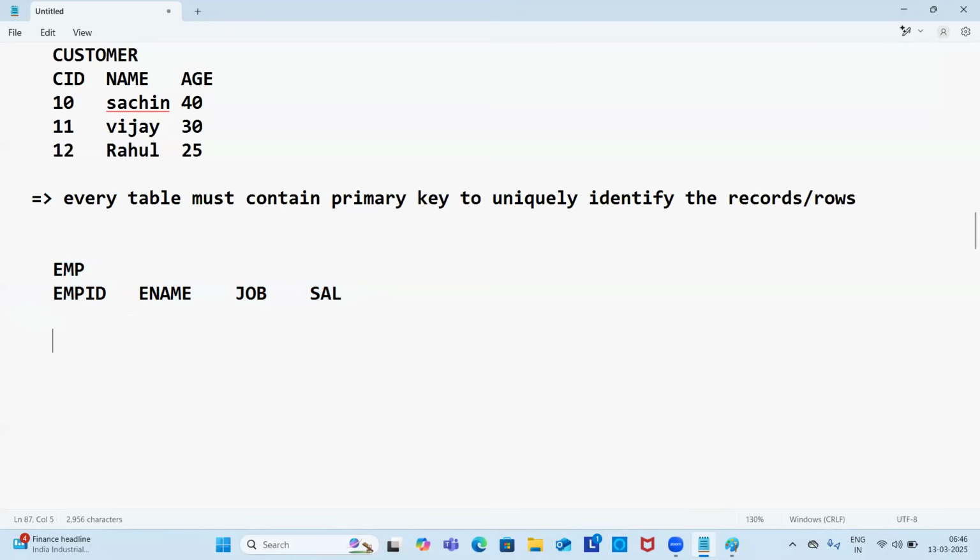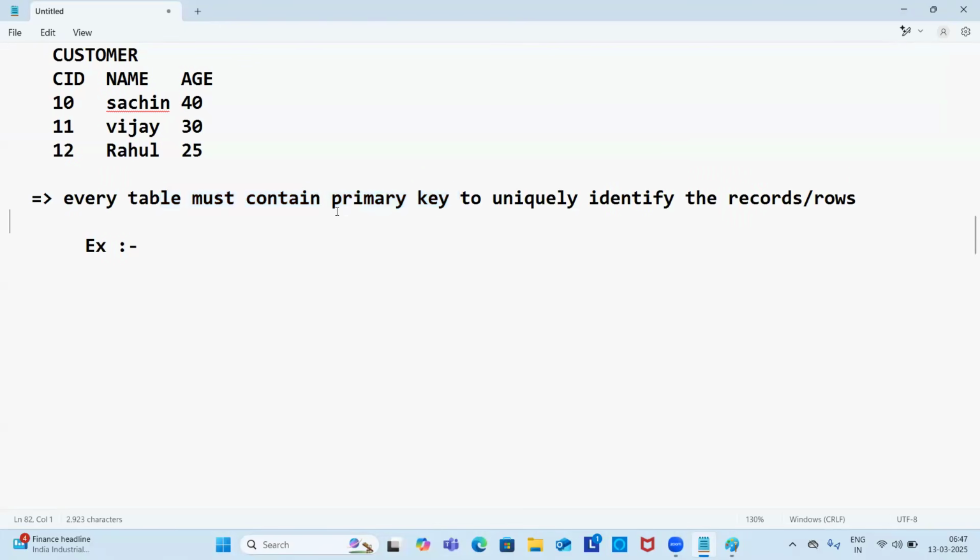Like if you go to banks, banks use what? Account number to uniquely identify the accounts. So what are the examples for primary keys? What he's saying is, if a table is there, a primary key must be there.